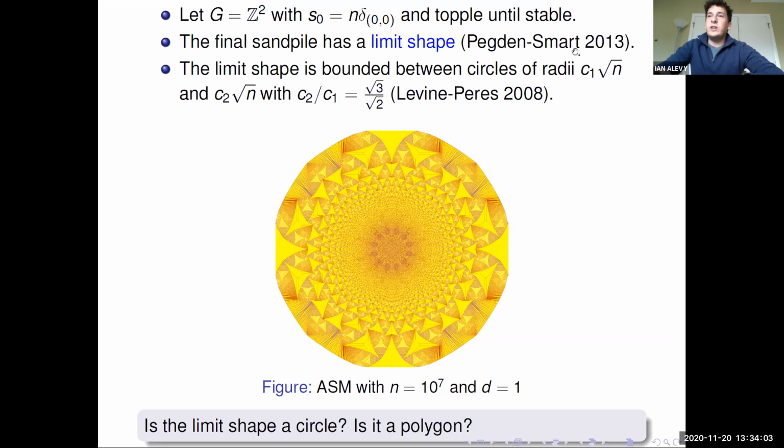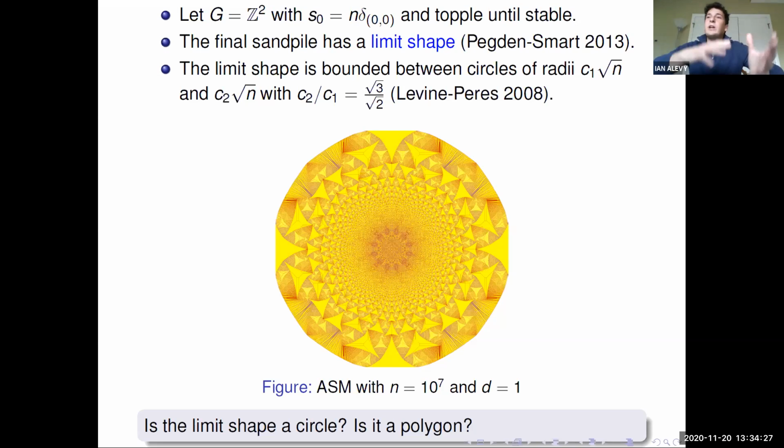In 2013, Pegden and Smart showed that the model has a limit shape. Their proof used techniques from PDEs to prove that it exists. However, they weren't able to compute the limit shape. By limit shape, I mean the boundary of the set of sites which have accumulated chips.